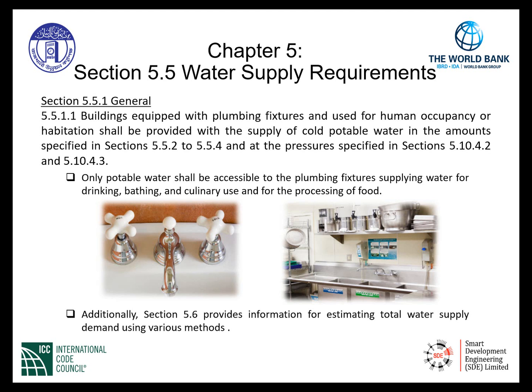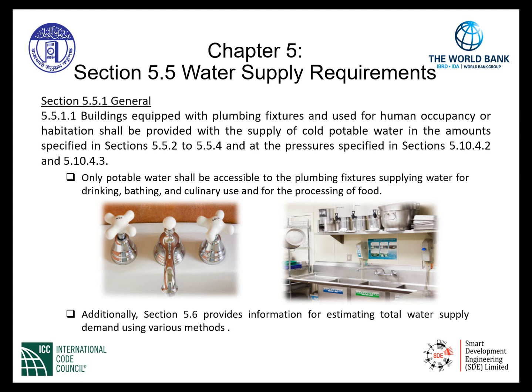The importance of this particular section with respect to the water supply system is that only potable water shall be accessible to the plumbing fixtures supplying water for drinking, bathing, and culinary use, and for the processing of food.